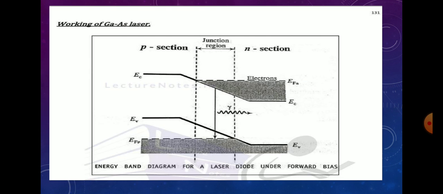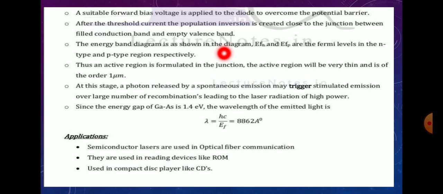A suitable forward bias voltage is applied to the diode to overcome the potential barrier. After the threshold current, population inversion is created close to the junction between the filled conduction band and the empty valence band. The energy band diagram is shown in the figure. EFn and EFp are the Fermi levels in the n type and p type respectively.